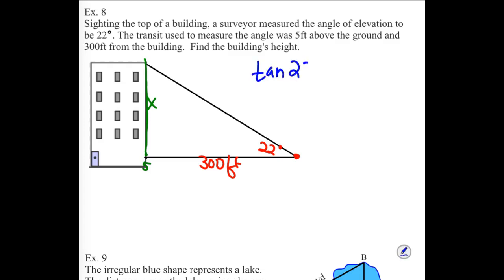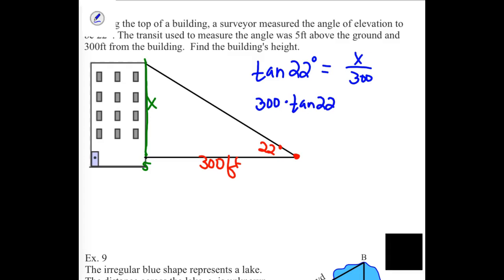The tangent of our 22-degree angle is what ratio? X divided by 300. So to find x, we just have to multiply 300 over there. So 300 times the tangent of 22 degrees. Make sure you put your mode in degree mode. And then do 300 times tangent of 22.